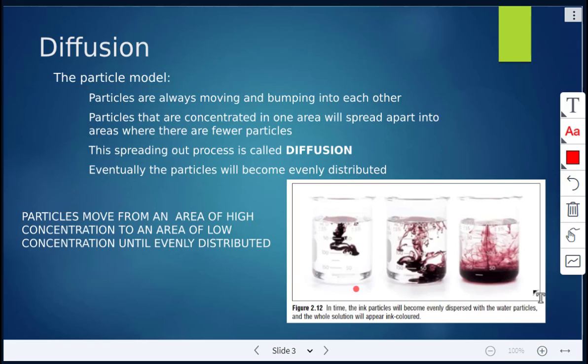So in this example, in this beaker, we have put some ink into a beaker full of water, and we're not stirring, we're just letting it be. Eventually, because particles are always moving from high to low concentration, it'll keep moving until it's all evenly distributed, and then the whole solution will appear ink colored.